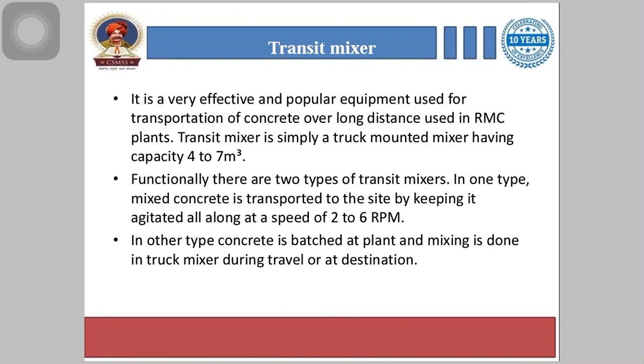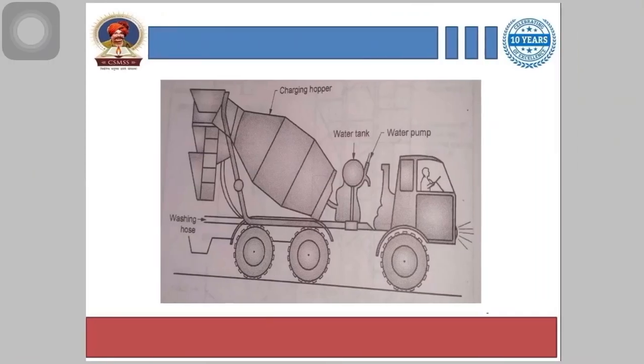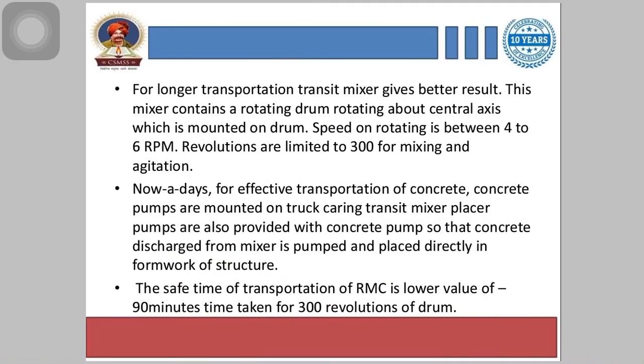In the other type, concrete is batched at the plant, and mixing is done in the truck mixer during travel or at the destination. This is your transit mixer.